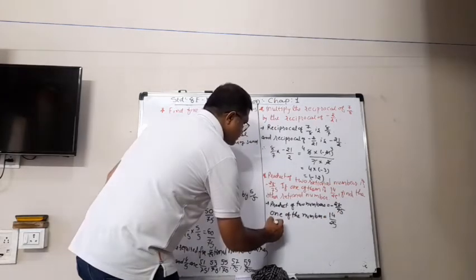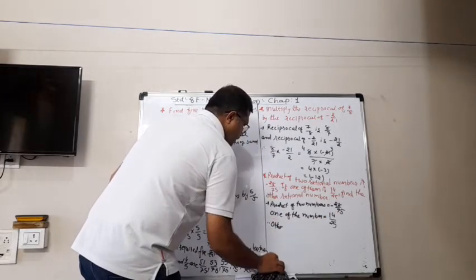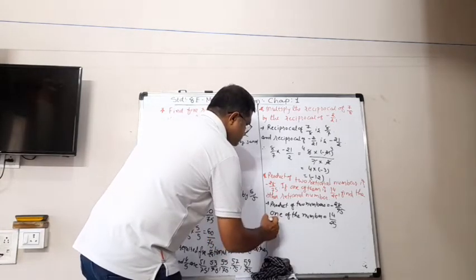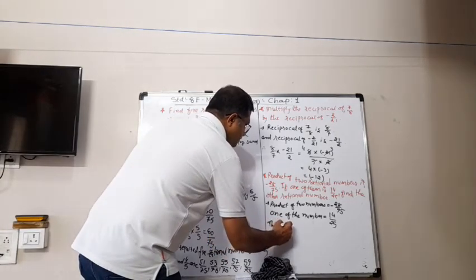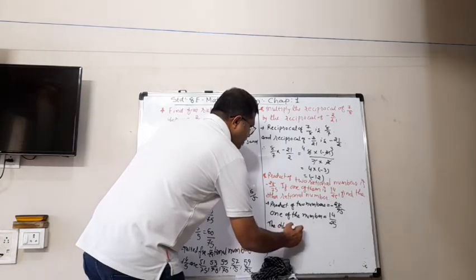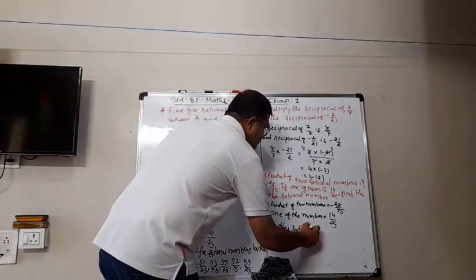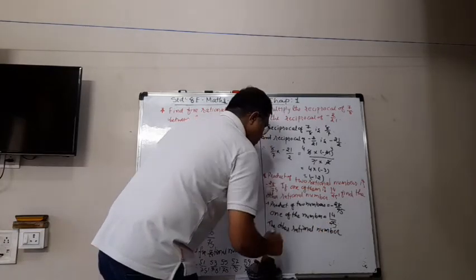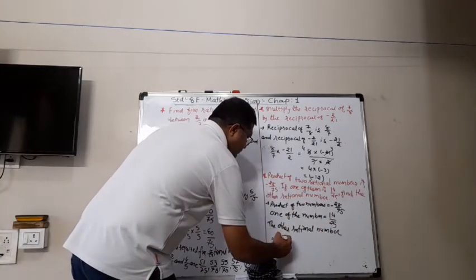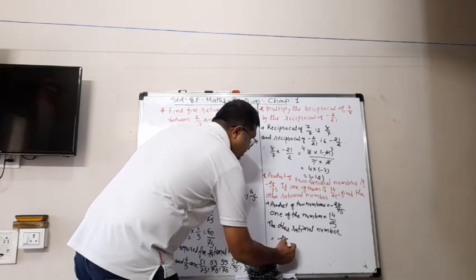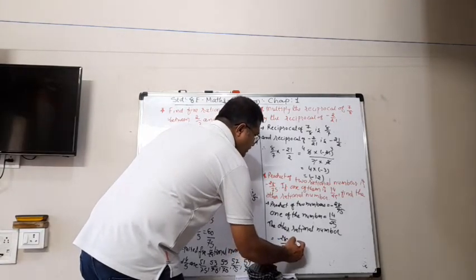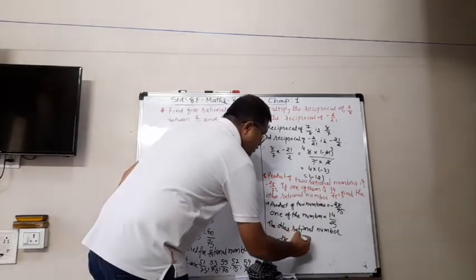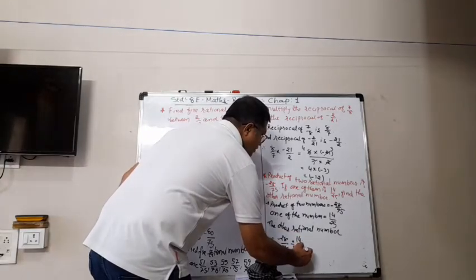Therefore the other rational number is equal to that product, minus 28 upon 75, divided by 14 upon 25.